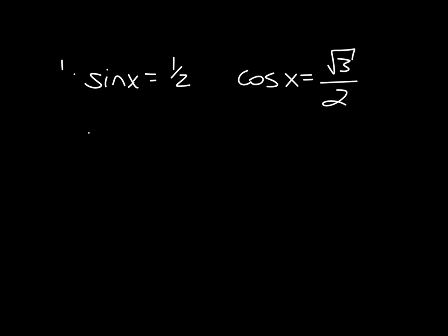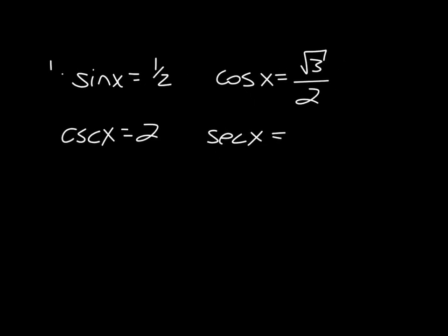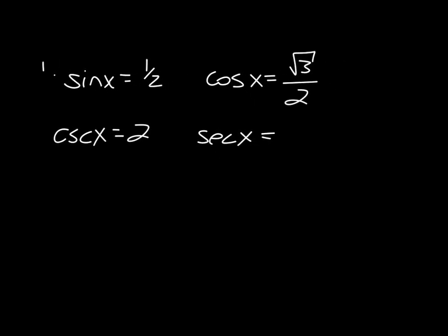Then cosecant is just 2. In the same way, we can find secant, which would be what? 2 over square root of 3.